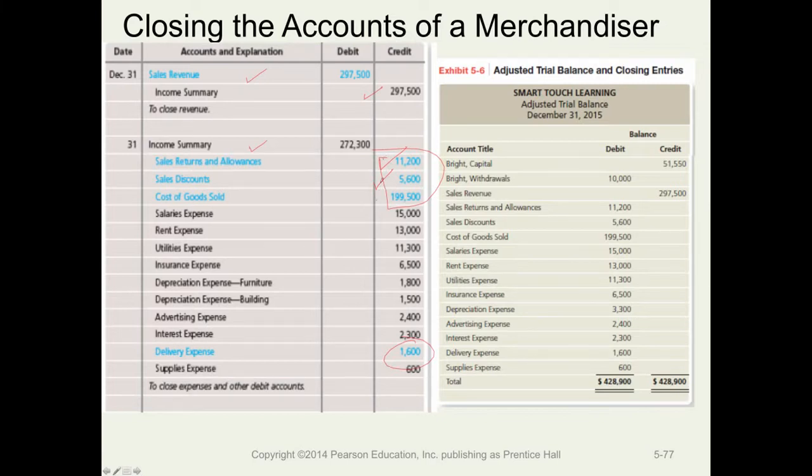These are contra revenues. So the contra revenues are included with the expenses. They're not expenses, but they're included with the expenses in this closing entry. And then, of course, you close cost of goods sold and the delivery expense. So the additional accounts are noted in blue.